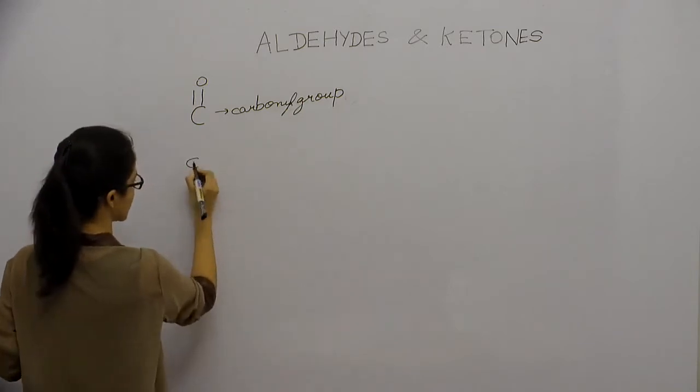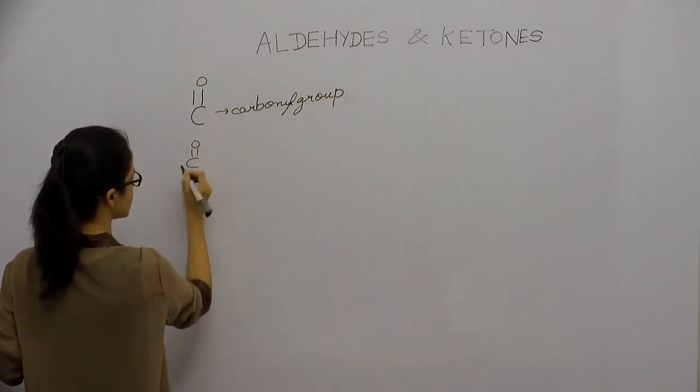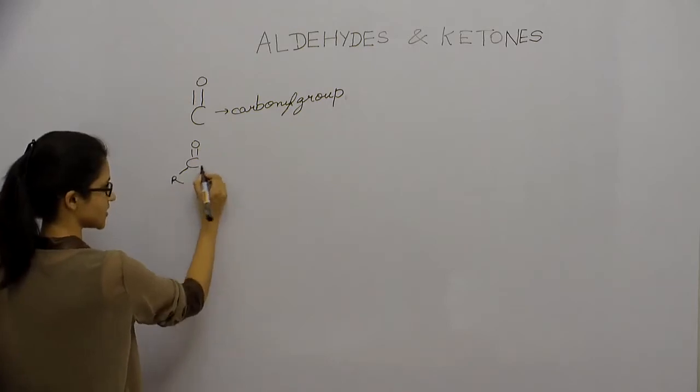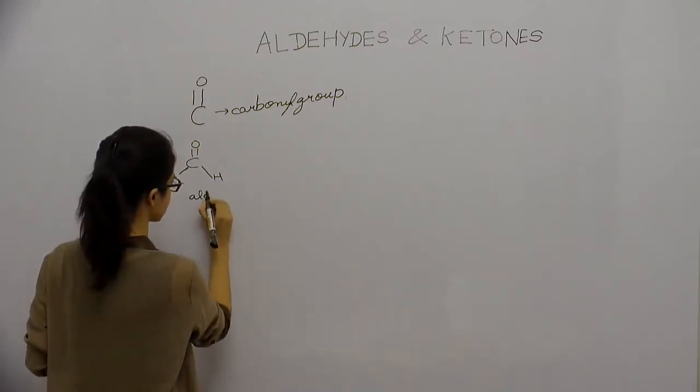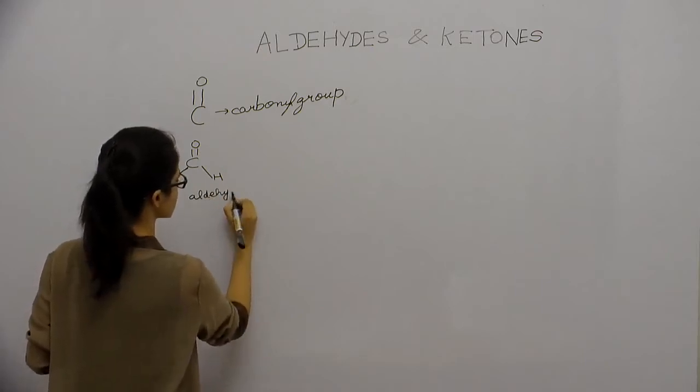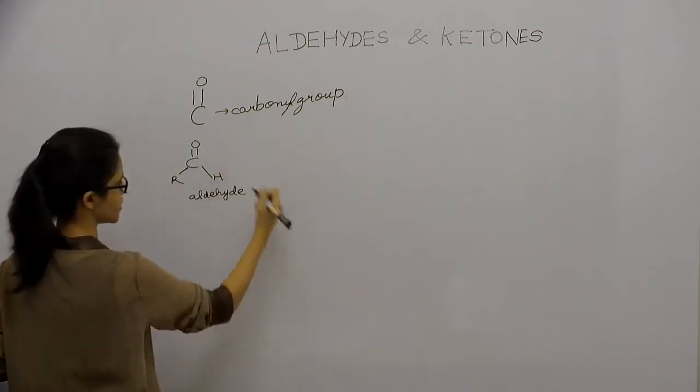When we have C double bond O attached with an R and an H, this is an aldehyde. So therefore an aldehyde is a carbonyl group.